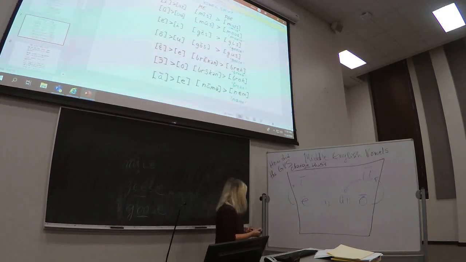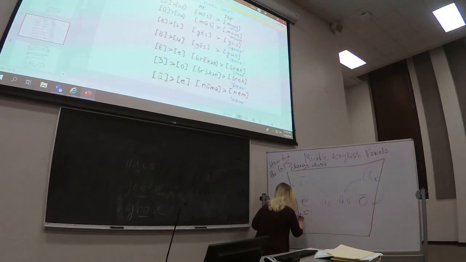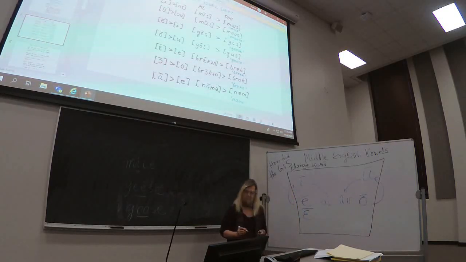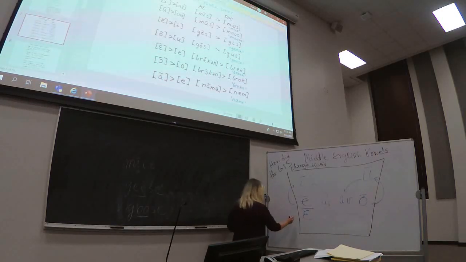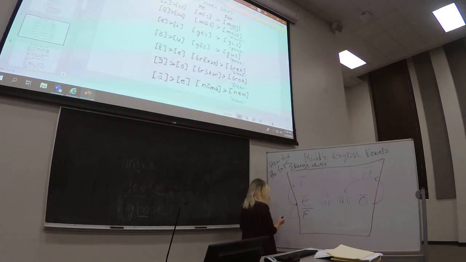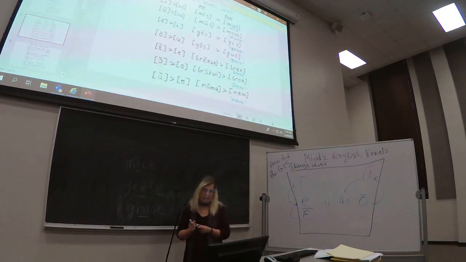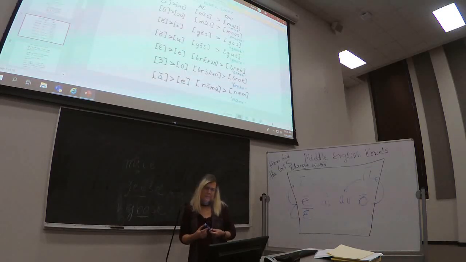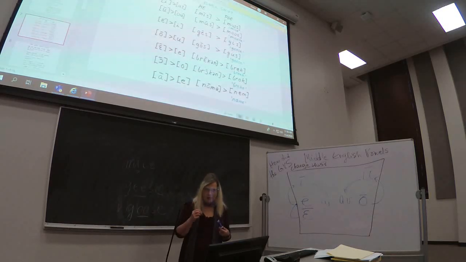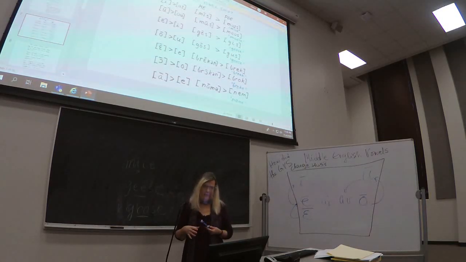The lower, the more open E, the long E, also went up. So breken became break, and very recently this has been diphthongized, so we don't say break, we say break. So E has become A in very recent development.